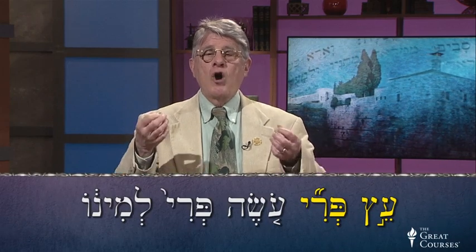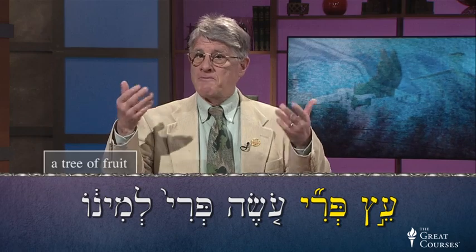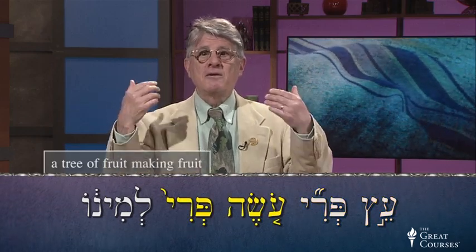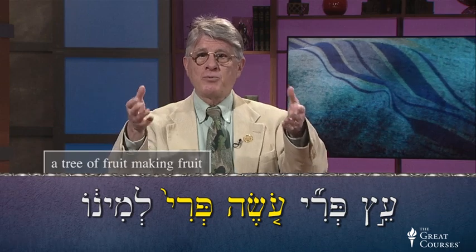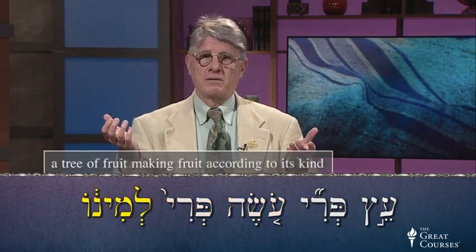For an example, let's look again at the tree we met in Genesis 1:11. Eitz pri, oseh pri lemino, a tree of fruit, construct phrase, a fruit tree, making fruit, oseh pri. Lemino, according to its kind.